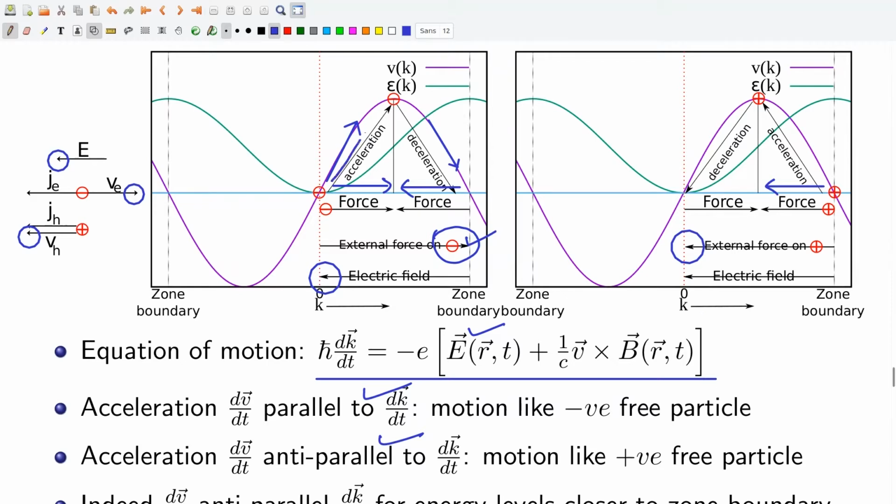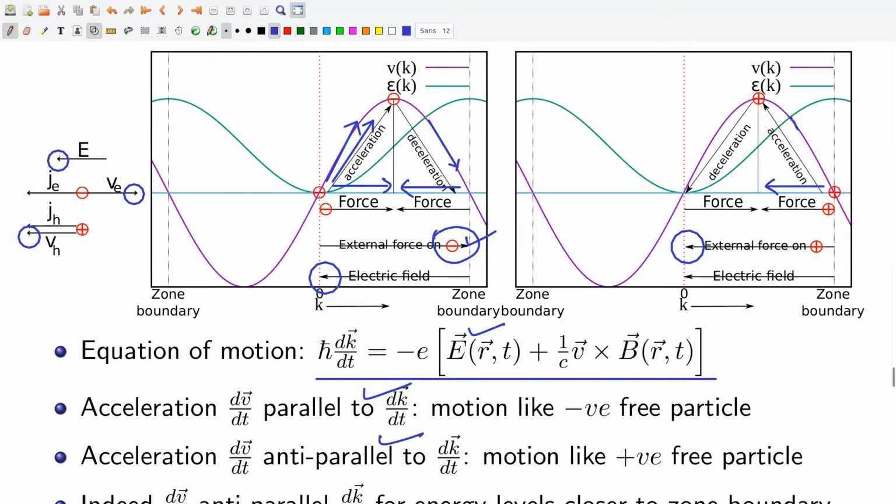Thus, in this region, which is closer to the zone center, we can describe the motion in electric field as the motion of a negatively charged particle or electron.